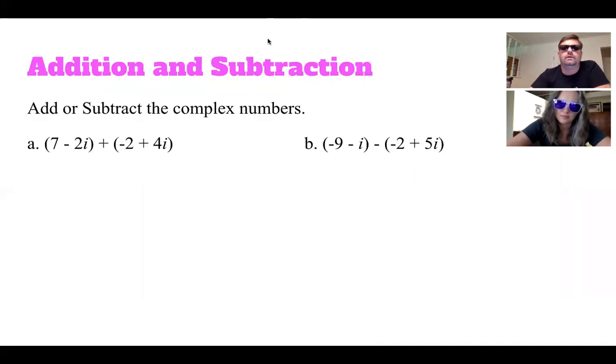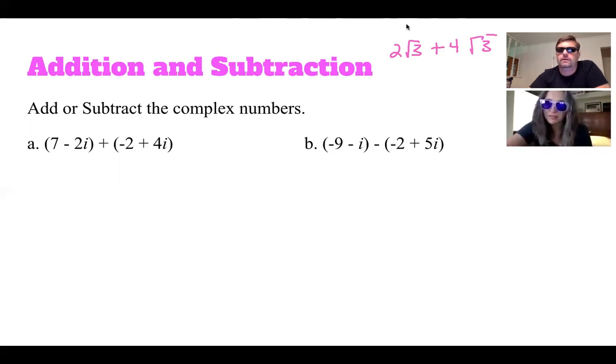So this is not the purpose of this lesson, but what if I had 2 square root of 3 plus, let's say, 4 square root of 3? You should remember this from an earlier algebra class. So you've got 2 square roots of 3, and 4 square roots of 3, and you combine them together to make 6 square roots of 3.